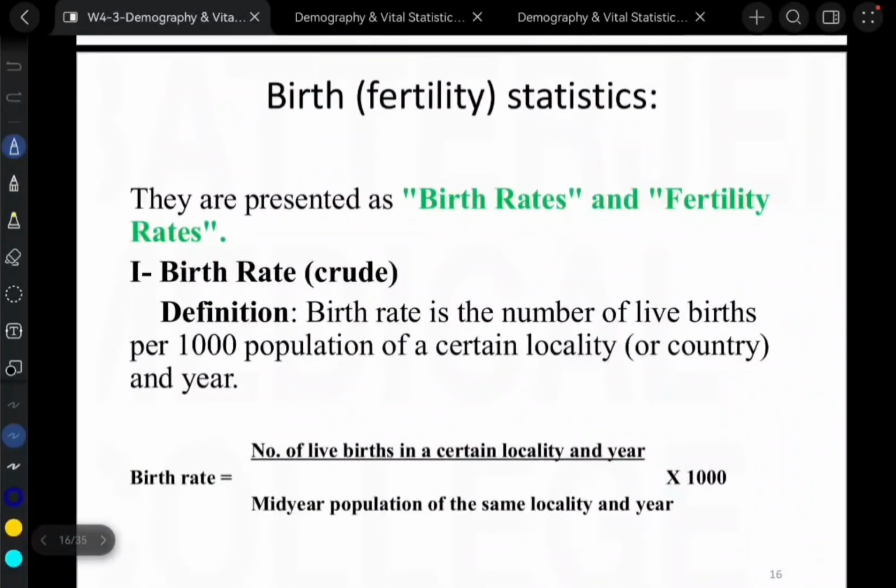Okay, birth and fertility statistics. They are presented by birth rates and fertility rates. We first talk about crude birth rate. Definition: birth rate is the number of live births per 1,000 population of a certain locality or country and year. So again, we're talking about mid-year population, but here we say birth rate equals number of live births over the mid-year population times 1,000. It's basically the same as before, but without the minus thing.